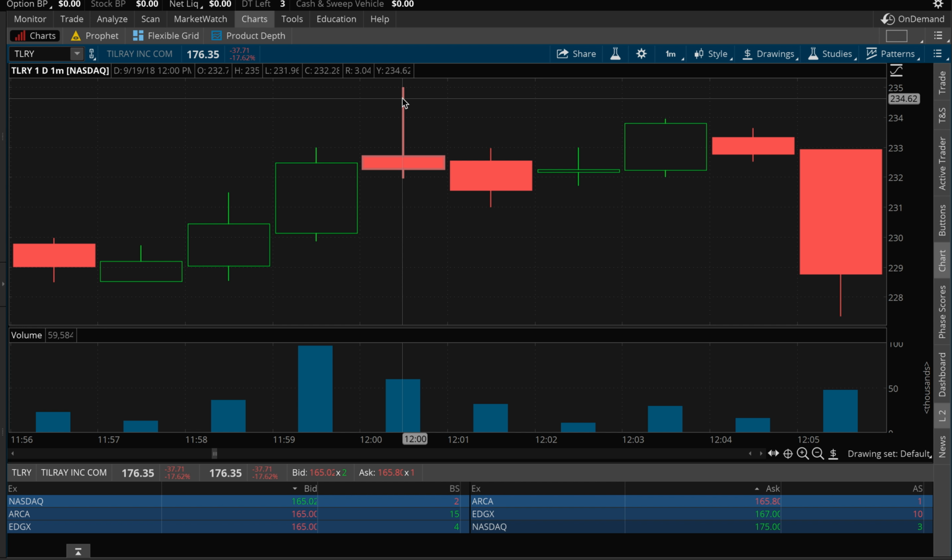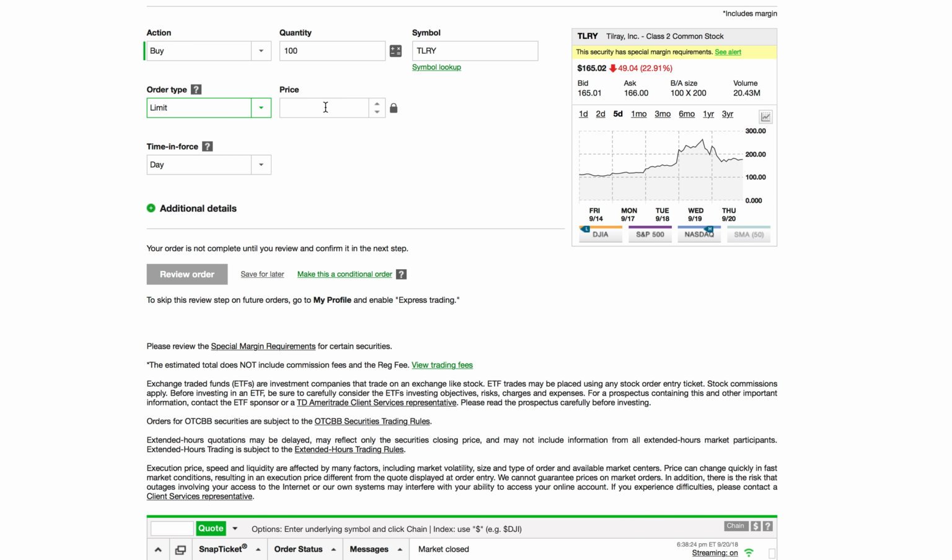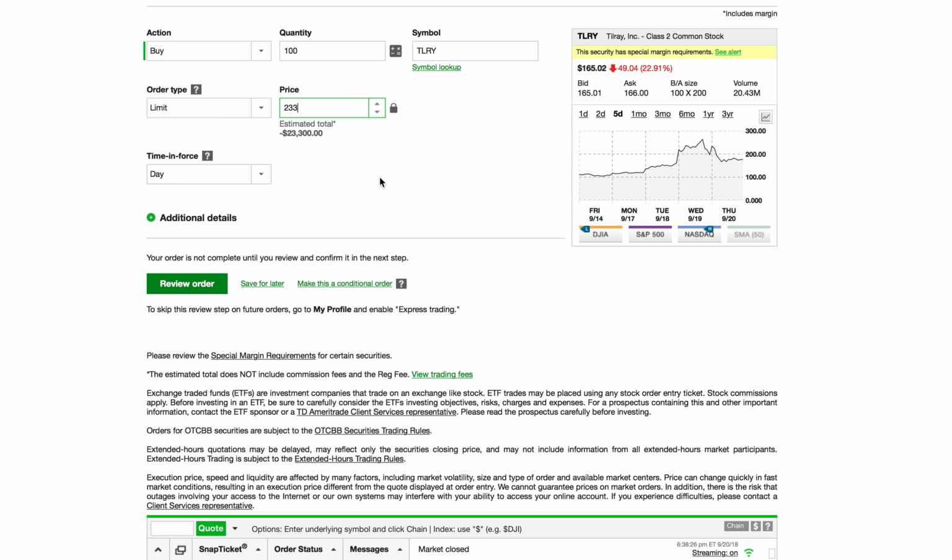So let's look at that a little differently. Let's say you get to lunch, you see the stock's really moving, and you want to buy at 233, no higher. You'd come to your broker, keep the buy, the 100 and the TLRY the same, but change the limit to 233.